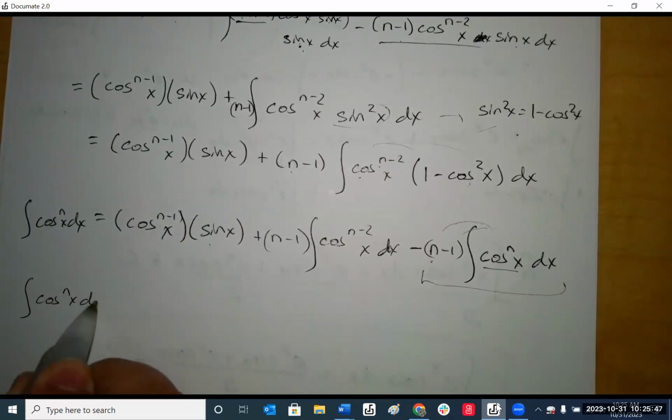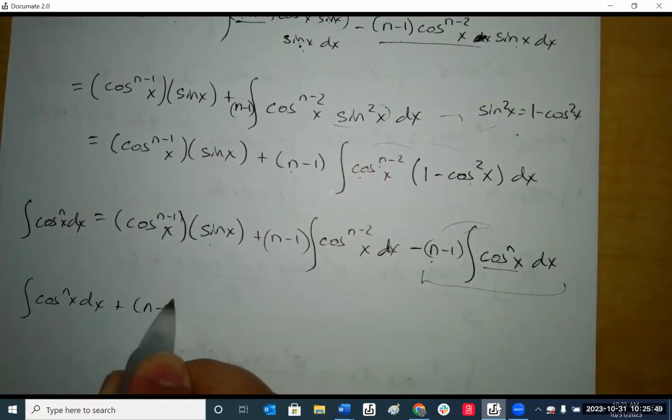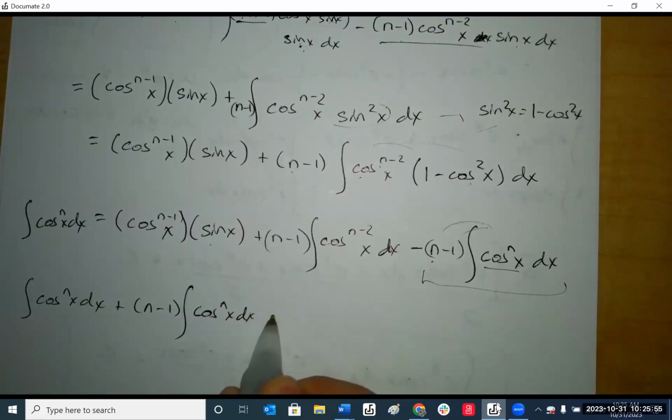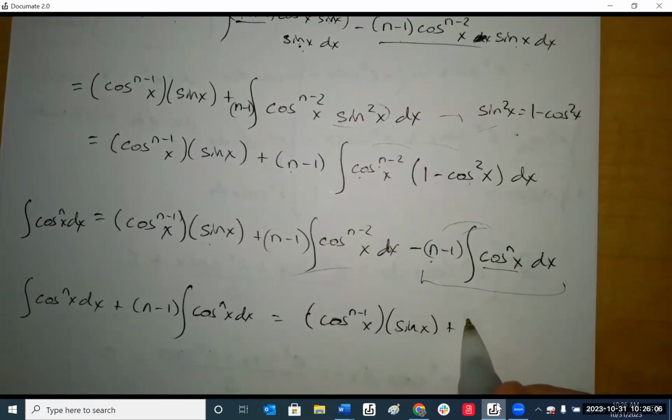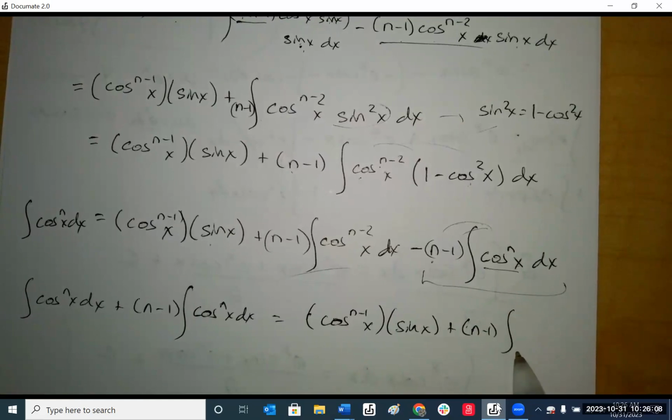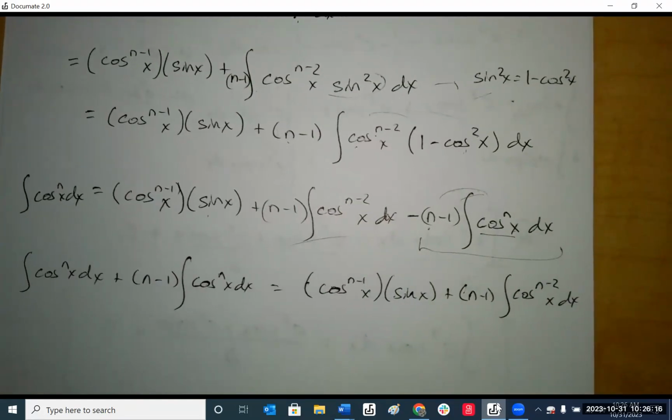the integral of cosine^n x dx plus (n minus 1) integral cosine^n x dx is equal to cosine^(n-1)x sine x plus this term, (n minus 1) integral of cosine^(n-2)x dx. So we have a 1 in front of here.